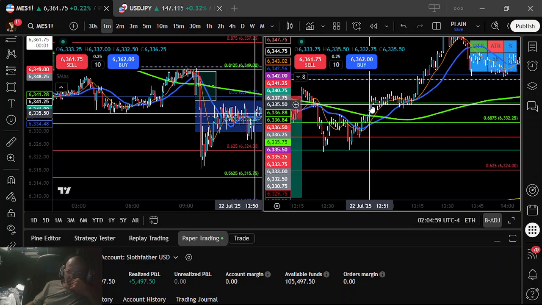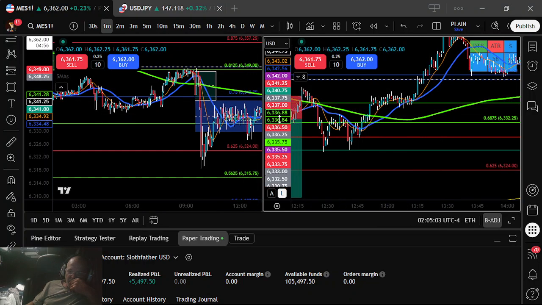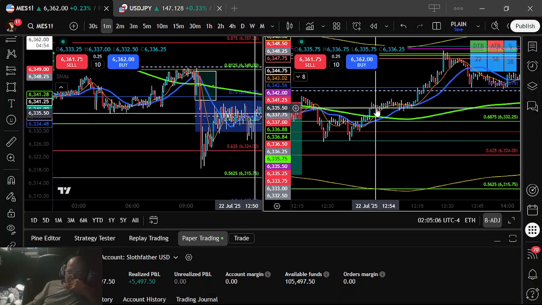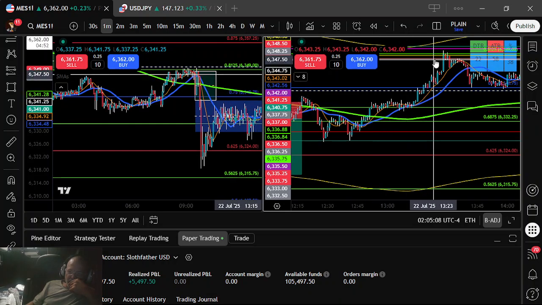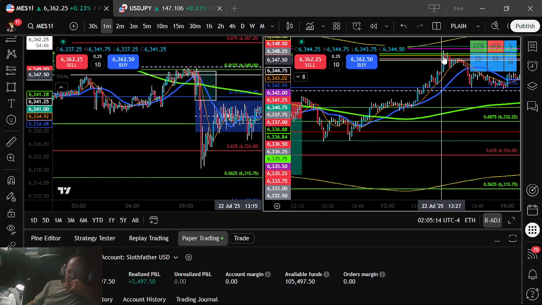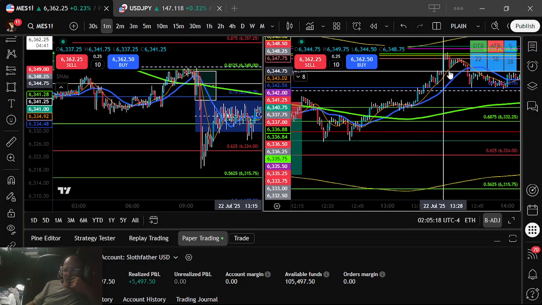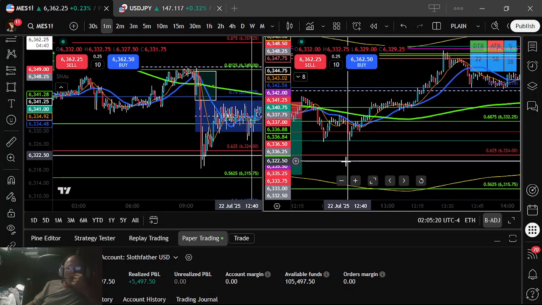You could enter there, risking that candle. That would have been a really nice trade. That would have got you 35. Oh yeah, definitely would have got you your 10 points on that last push, a little bit more actually, about 13 points. That would have been a really nice trade.